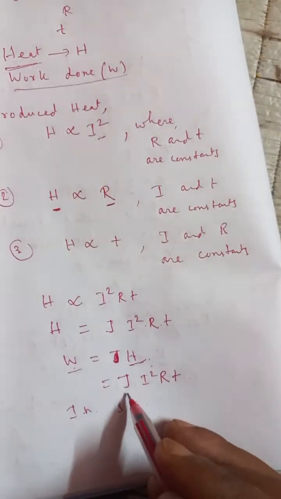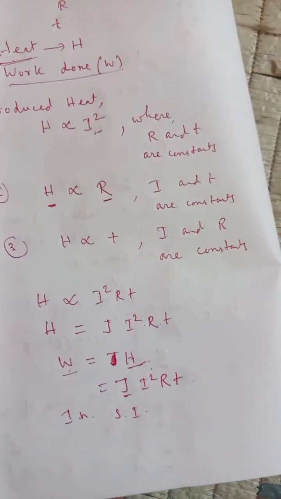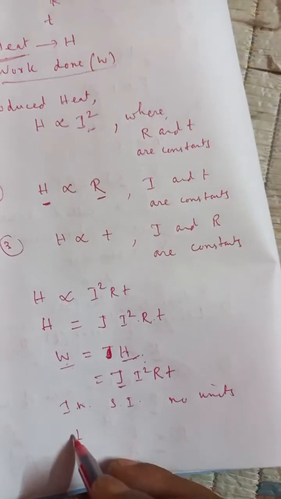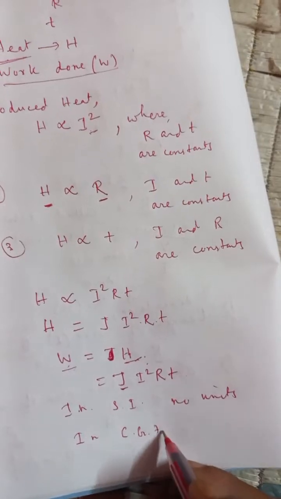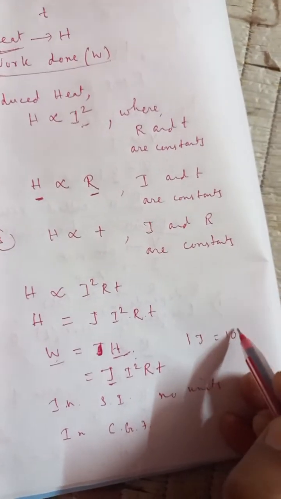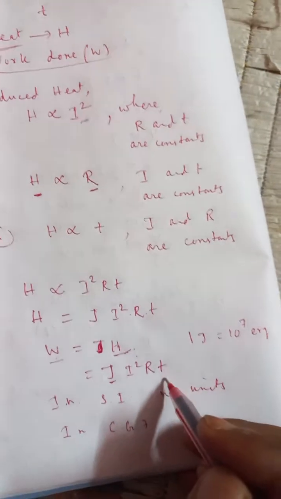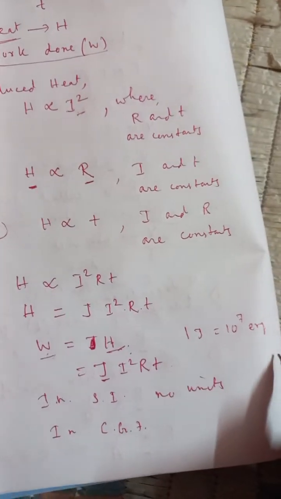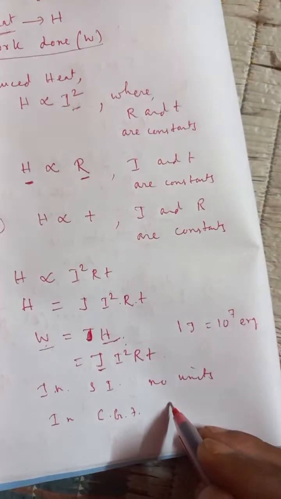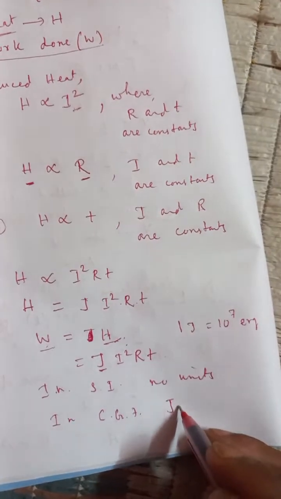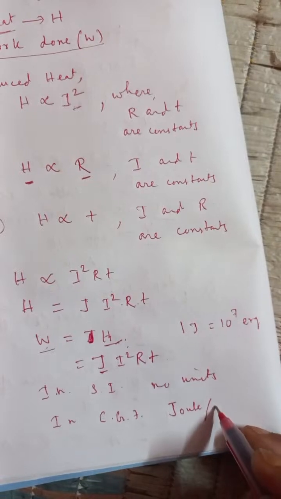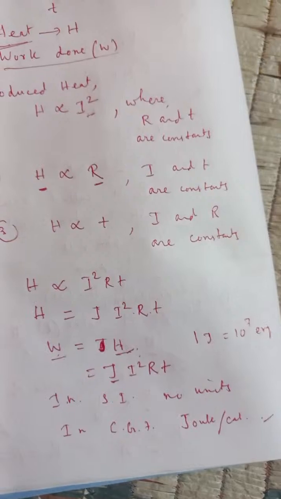So in SI, J, the Joule constant, has no units, but in CGS, you know that 1 Joule is equal to 10 to the power 7 erg, and this will be Joule per calorie. These are the units in SI and in CGS.